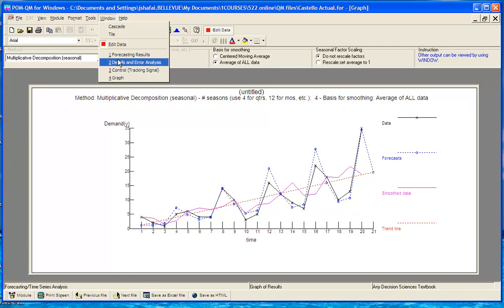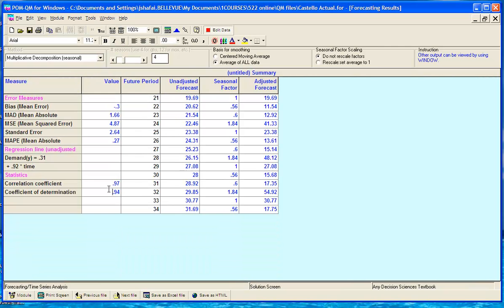Again, as you can see from the forecasting results, this is a pretty good model, and 94% of what happens to the sales of this particular piano or organ can be explained by the passage of time, or the information about time that we have, as well as the seasonality of the quarters.